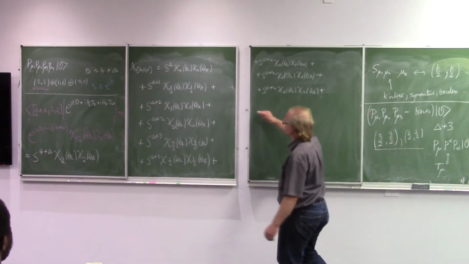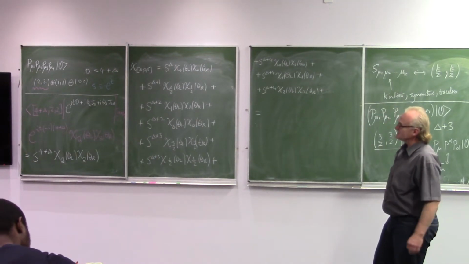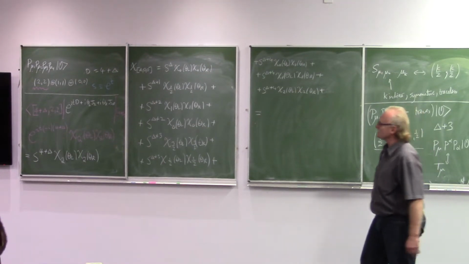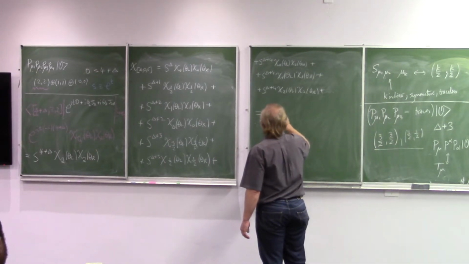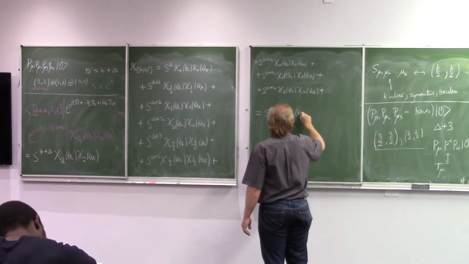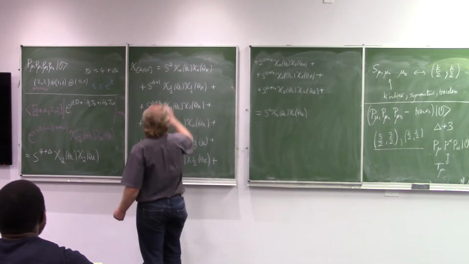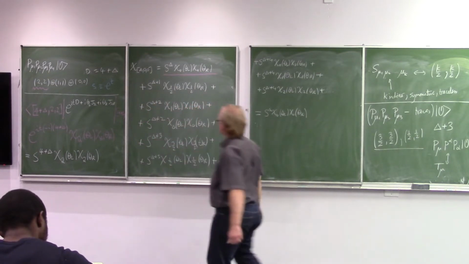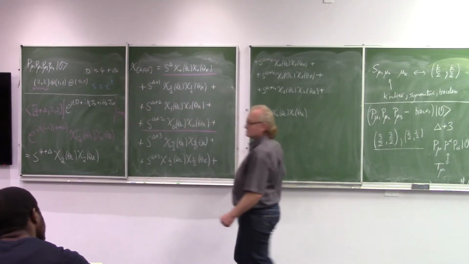Now, let's see what's going on. So my first term is S delta chi naught of theta left, chi naught of theta right, and that is that term. But hang on, here I've got another chi naught.